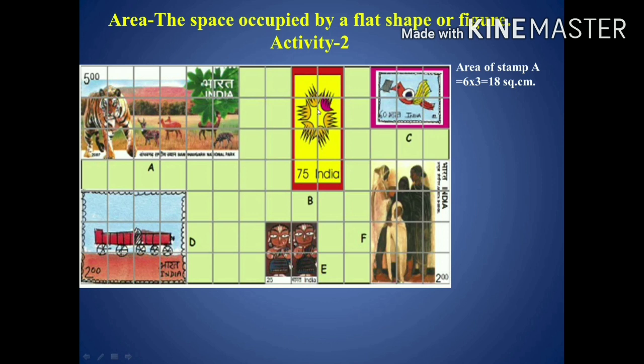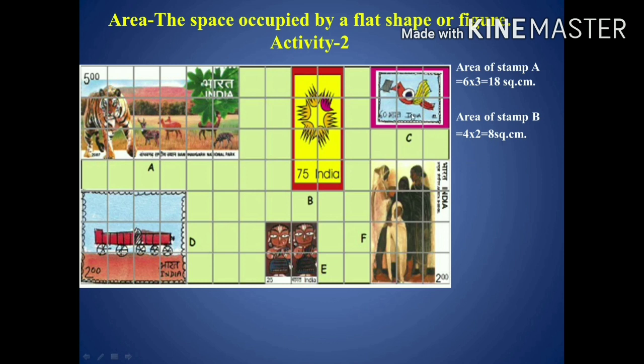Now the stamp B, count the squares 1, 2, then 1, 2, 3, 4. So we can write it as area of stamp B equal to 4 into 2 equal to 8 square centimeter.